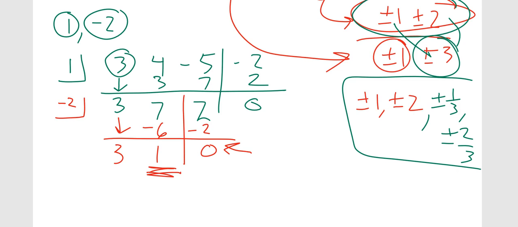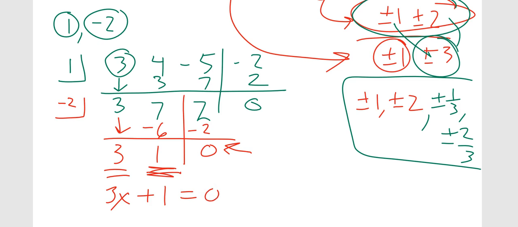Starts with the letter C. Constant. Thank you very much. It's the one that doesn't have an X. Okay, then what's after the constant? The linear term. Folks, remember, it goes up in powers. Linear term, quadratic term, cubic, quartic, quintic.